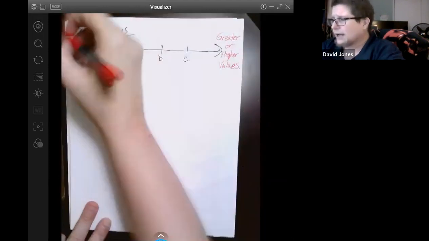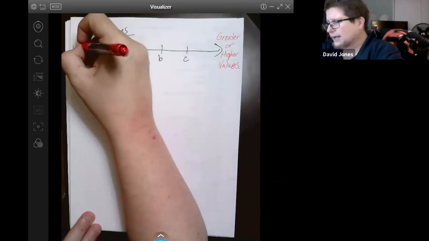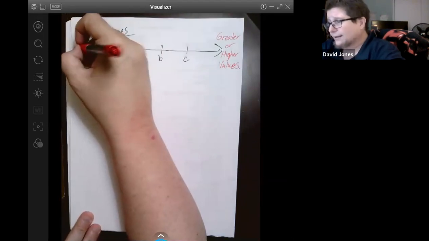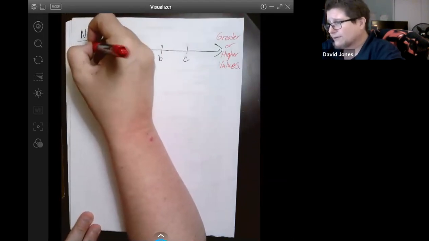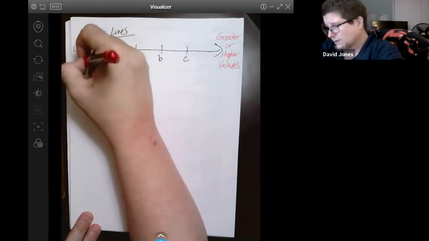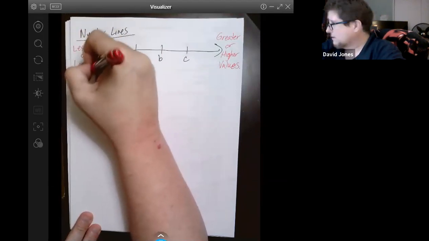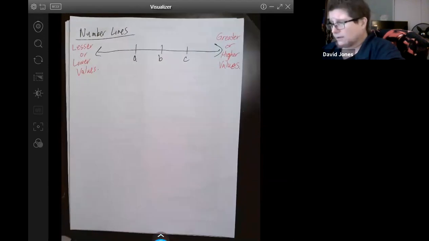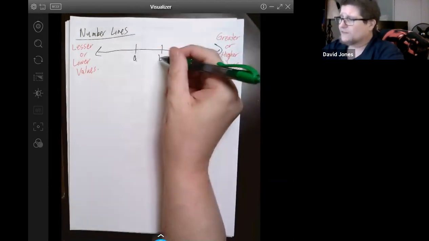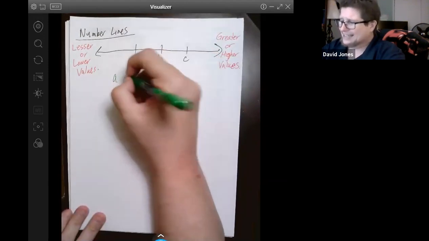And on the left, the further we go left, we have lesser or lower values. So here, this is telling us A is to the left of B. A is less than B.